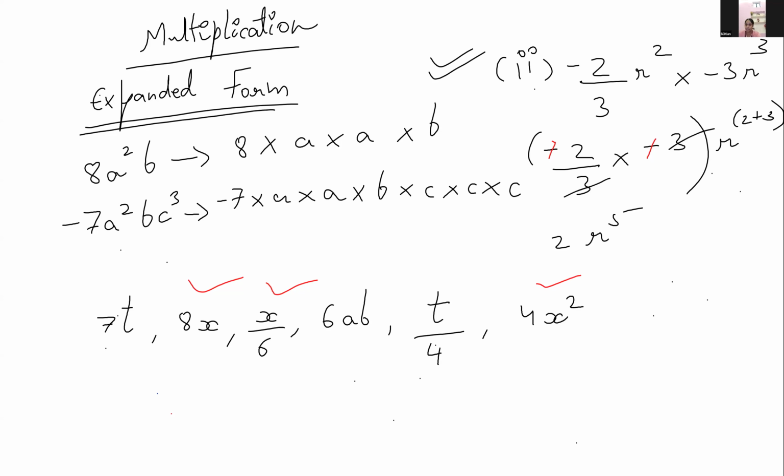Different values, yes, but I think they are the same variables. So 4x square will be the like term because x is the same, right? Different values, but we don't consider values in it. We consider the variable. No, ma'am, only x. See, x and x square are different variables. Give me 1 minute.